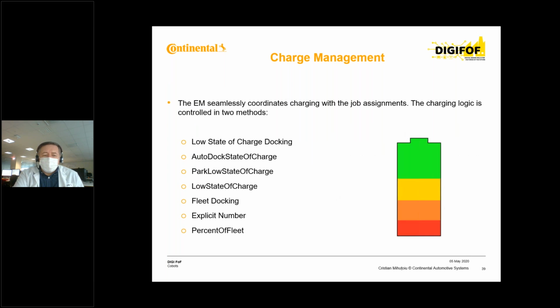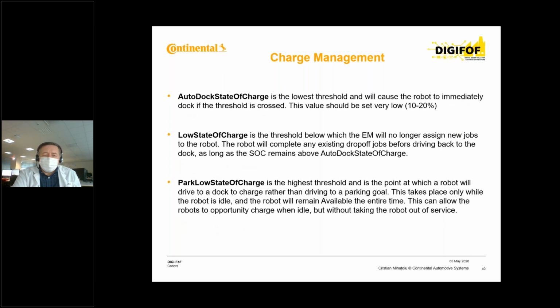Related to charge management, we have several situations based on what happens on the line, on the shop floor. We have auto dock state of charge, when the robot reaches, let's say, a minimum alarm value.